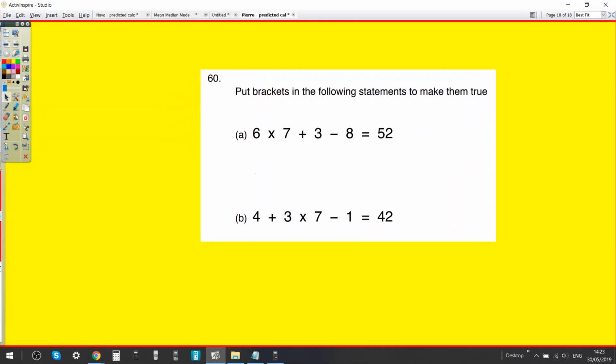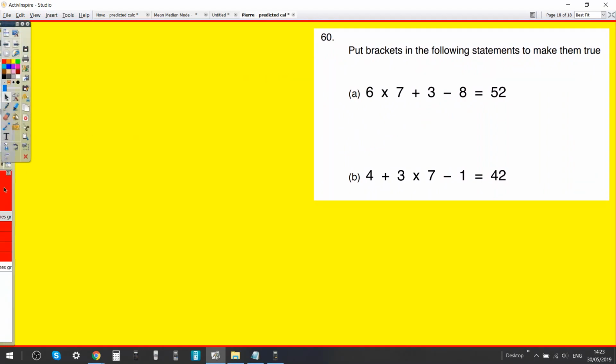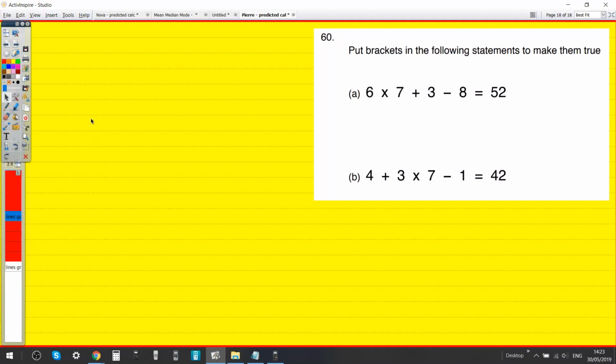So this one. Any idea about this? Put brackets in the following statements to make them true. So this is BODMAS. Multiply first, so put the brackets around 6 times 7.